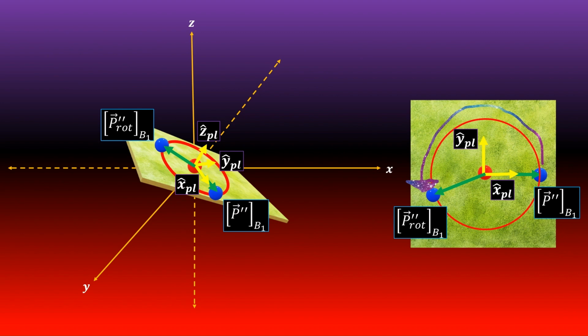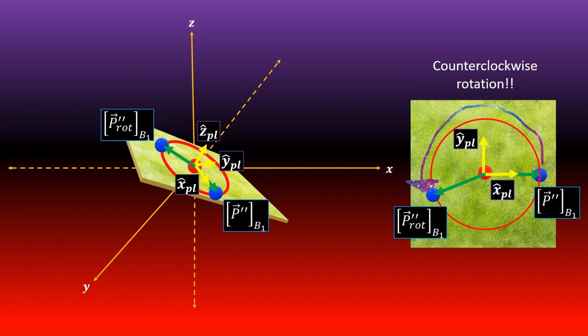All right, so now here are some more illustrations of P double prime and the rotated version of P double prime in our plane, as seen from the B1 coordinate system on the left. And then on the right, we show it within our plane that is located in the B2 coordinate system.